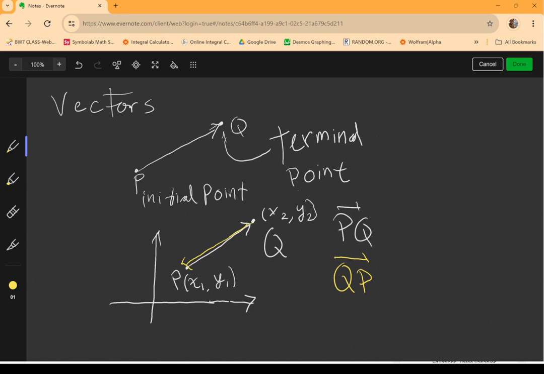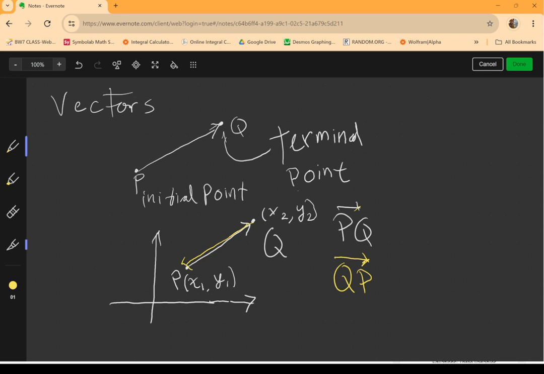Okay. So those are the characteristics of our vectors. They have an initial point and a terminal point. Now, we saw this notation, where we have PQ with an arrow over the top of it.